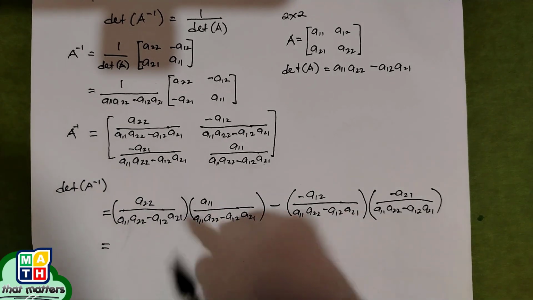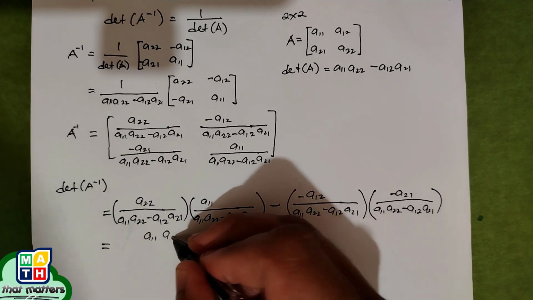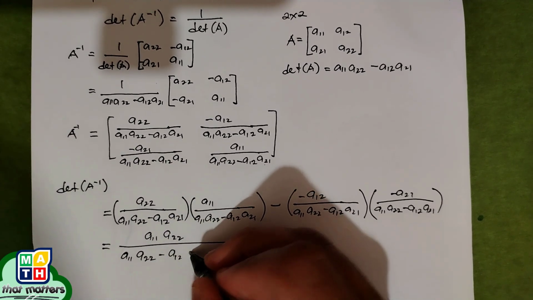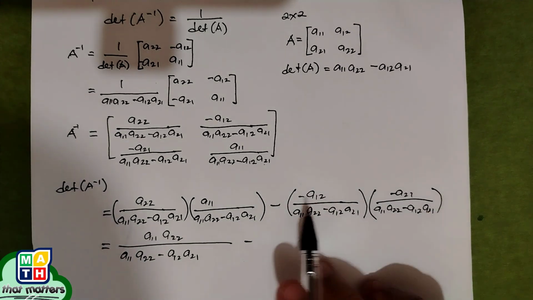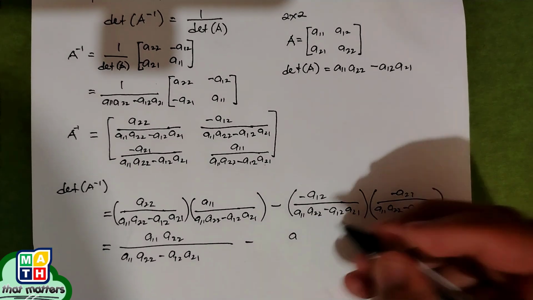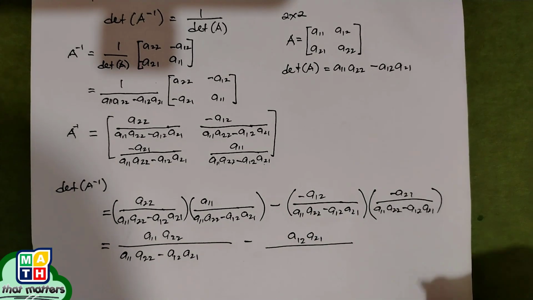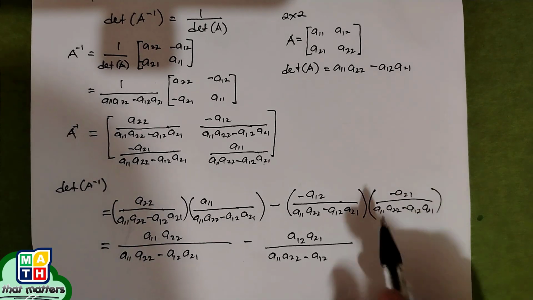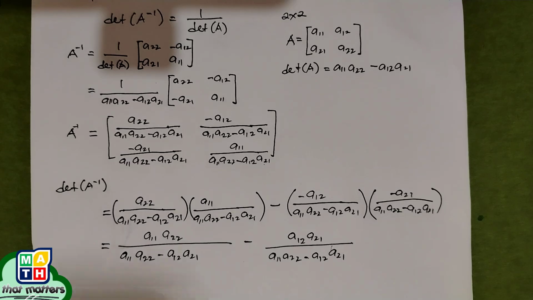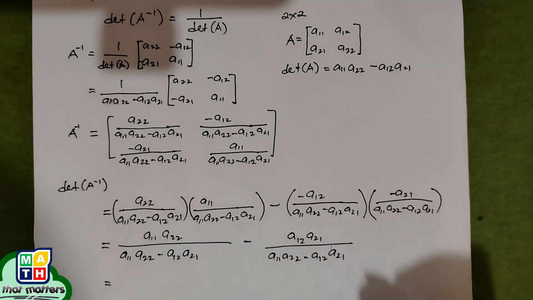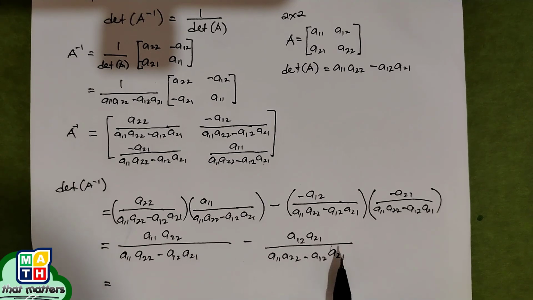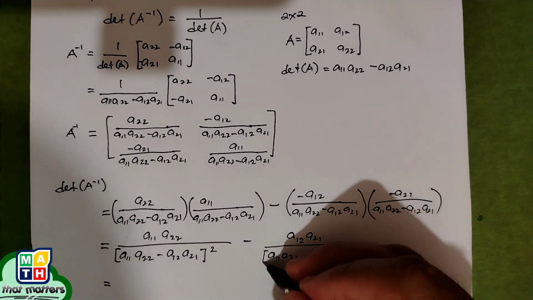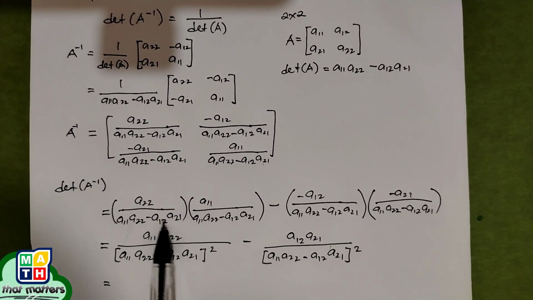So, continue, multiply the numerators: you have A11 A22, just simply arranging them so that we can look for relationships on their denominators, minus, that's negative times negative, so that becomes positive A12 A21, all over A11 A22 minus A12 A21. Sorry, I forgot to mention this is actually the square, because you're multiplying them, so you're also going to multiply this denominator as well as that.